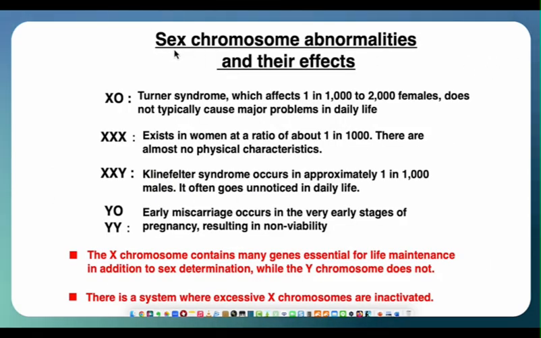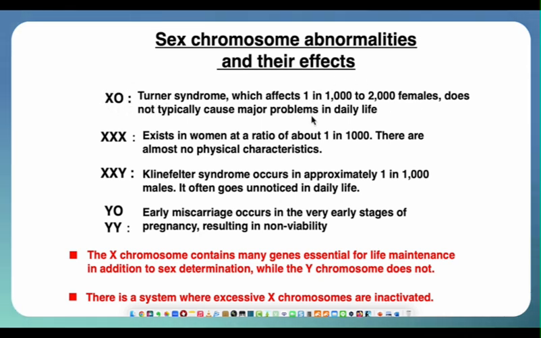Abnormalities in sex chromosome composition, and their effects. When a fertilized egg has an abnormal number of X chromosomes, mild abnormalities may occur, but no abnormalities that significantly interfere with daily life appear. Women with only 1 X chromosome exist, at a rate of 1 in 1,000 to 2,000 people.